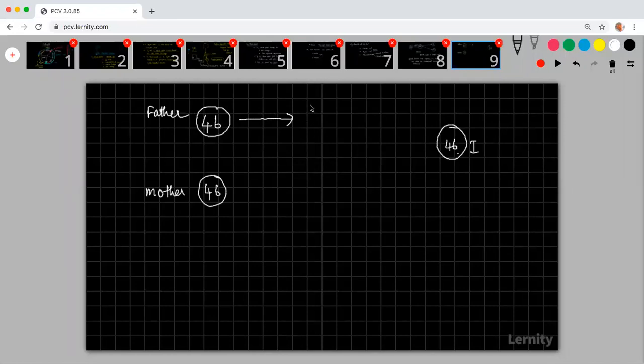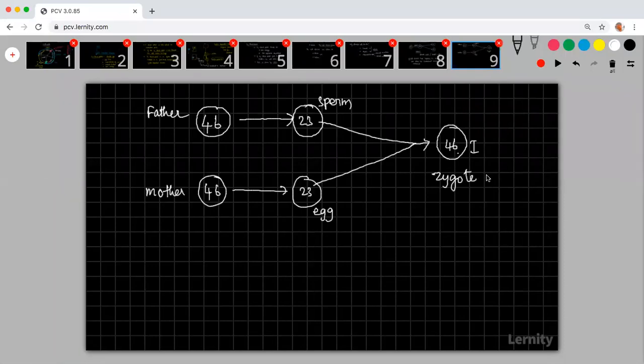No. He would have given only 23 in the sperm cell. My mother would have given 23 in my egg cell. And these sperm and egg are fused to form a zygote that is having 46. So which means this 46 is converted into 23 by meiosis. In meiosis, what is happening?